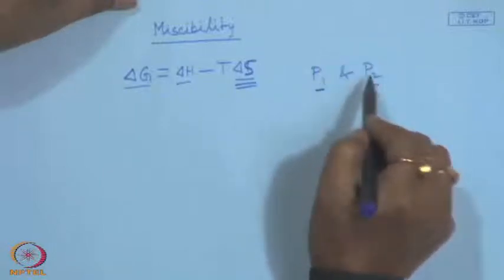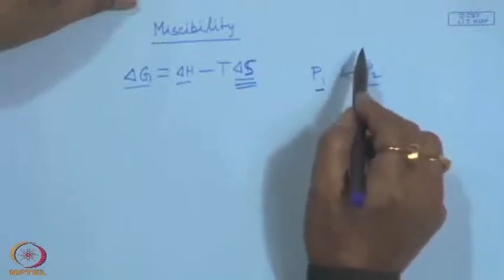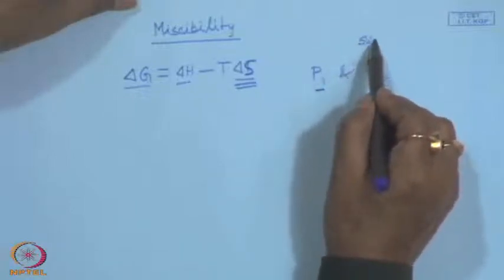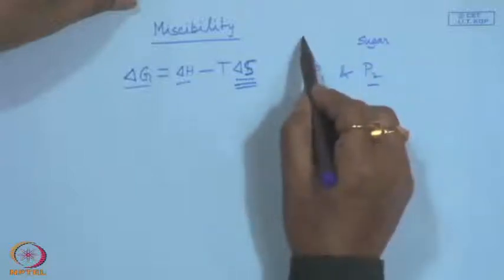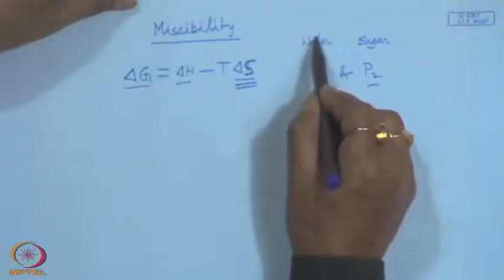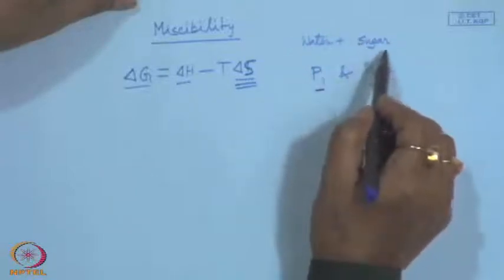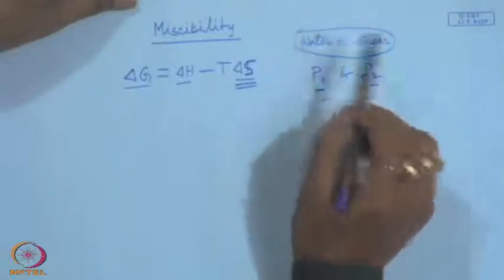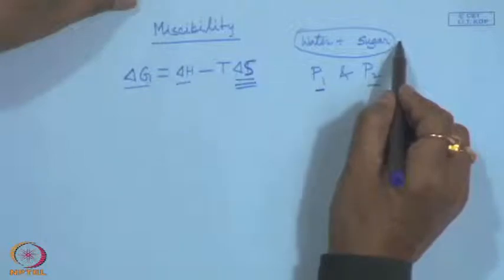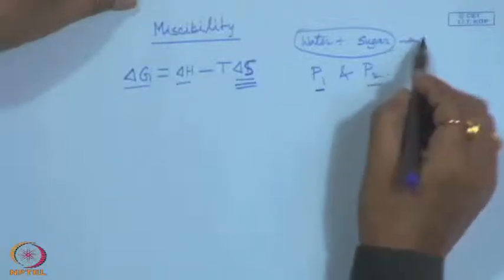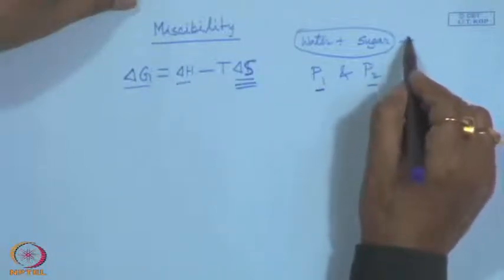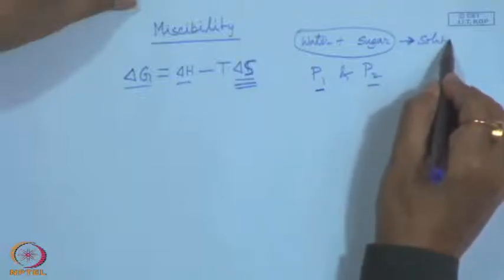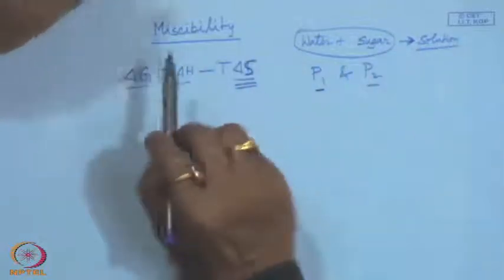If we compare this system with a simple solution of, say, sugar in water, when you put sugar in water, the sugar dissolves and we get a uniform solution of sugar in water.